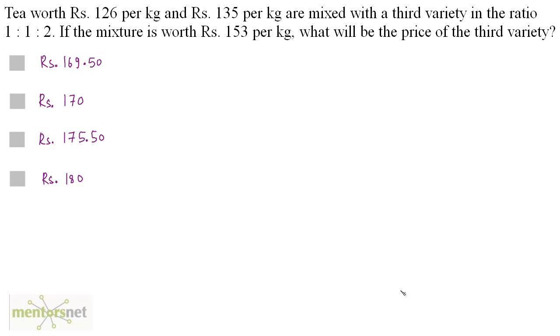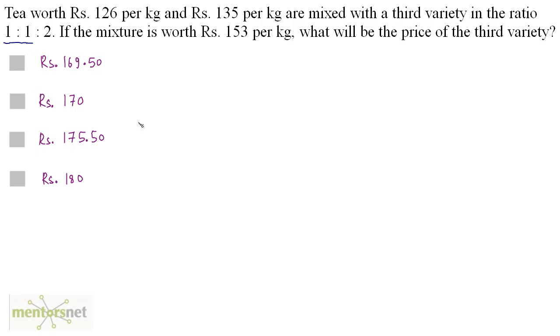What we can do is mix the first two varieties and then mix the mixture with the third variety. Right. Now if you observe carefully, the first two varieties are mixed in the ratio 1:1.